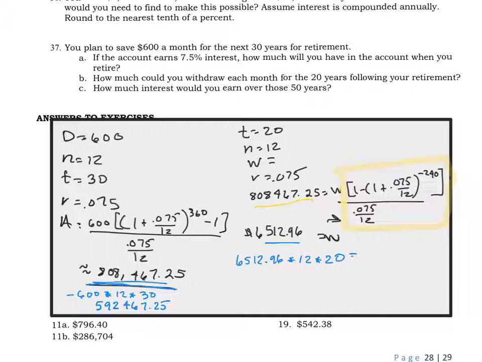Okay, and I get $1,563,110.40. But we need to subtract from that $808,467.25. Oops, put in the wrong place. So let's do that, and that'll give us our interest there.